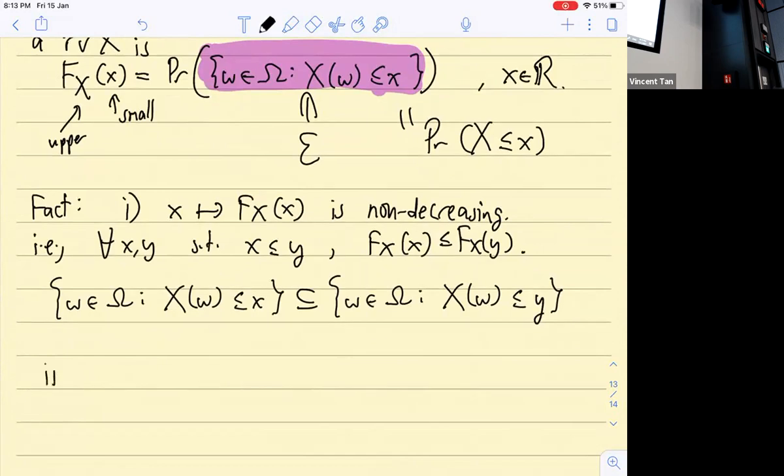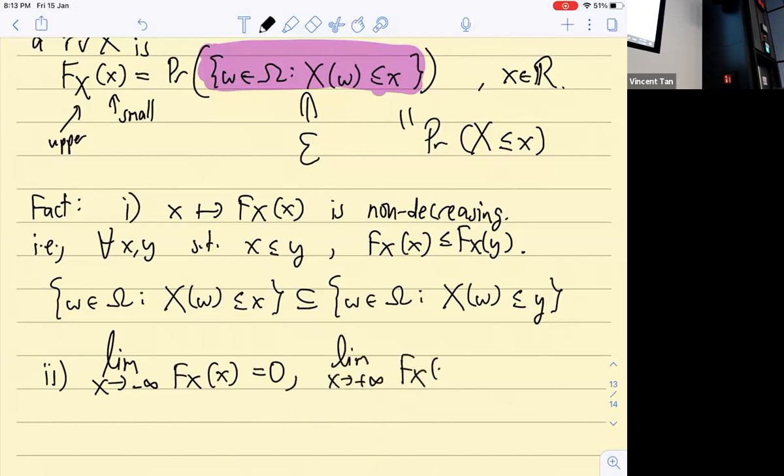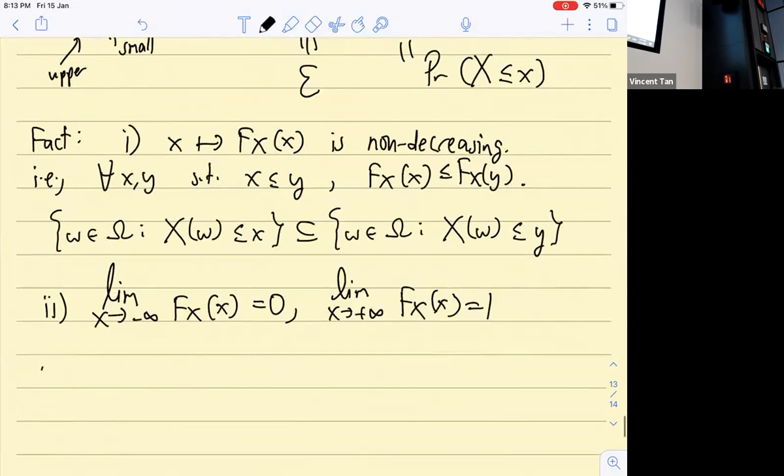I'm not going to prove the rest, okay? I'll state this. The limit as x goes to minus infinity of F_X(x) is equal to 0. The limit as x goes to plus infinity of F_X(x) is equal to 1. You prove this. And F_X is right continuous.